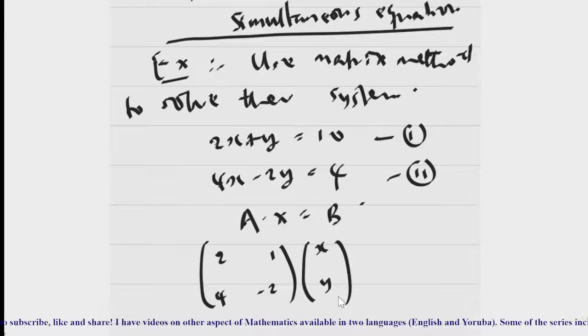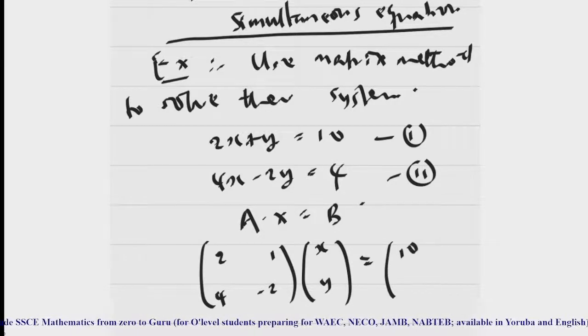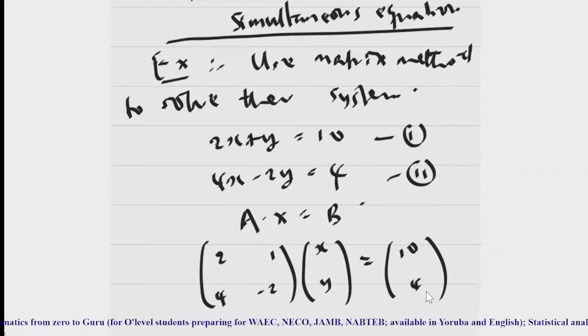Even if you have three equations, then you are going to have 3 rows and 3 columns. But since we have two variables here, we have 2 rows and 2 columns, and we have two unknowns. Then b is 10 and 4 here.